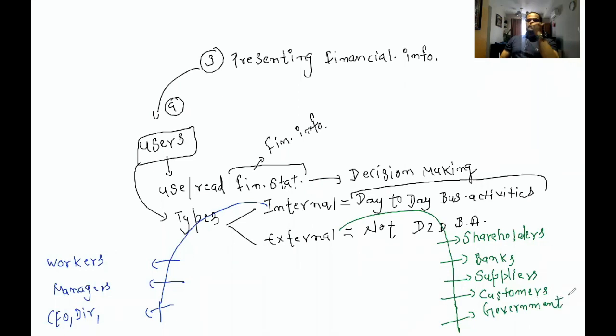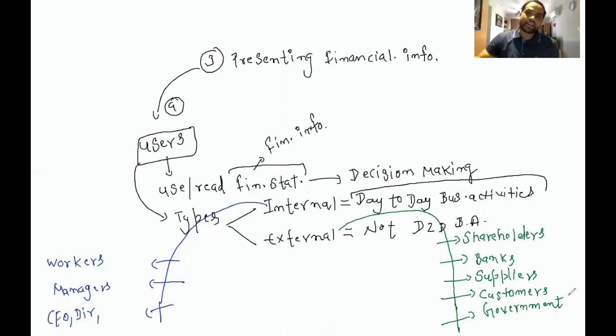Right? Shareholders, banks, suppliers, customers, government. So these are the external users. You can see that these people are not involved in day-to-day business activity. They come to the company, but maybe not on a daily basis. Let's say, being a customer, we don't go to the company to buy a product every day. It depends whenever we need it. Could be once in a week, once in a month, once in 3 months, and so on. All right. So these are the external users, so internal and external, right?